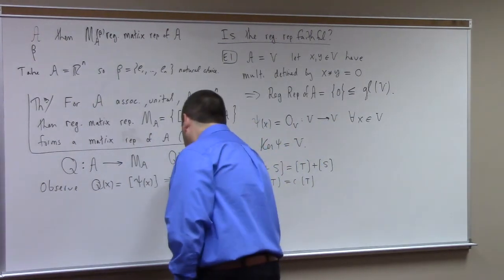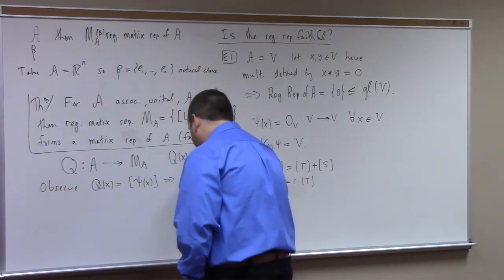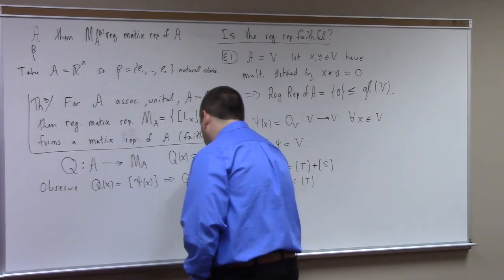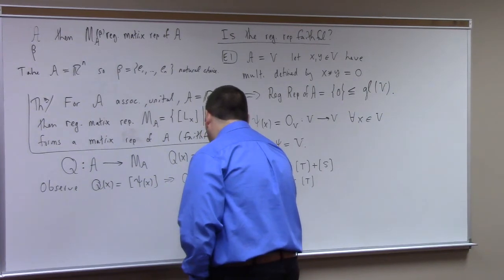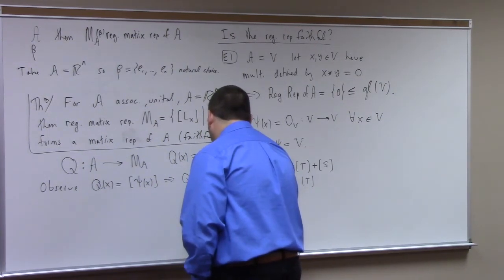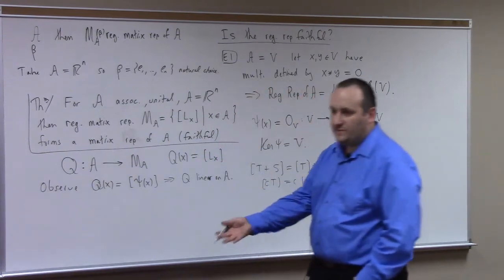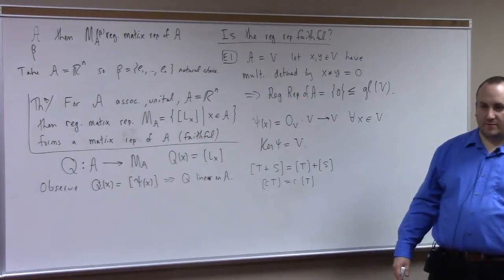So that implies that Q is linear on A. And so the more interesting thing is the homomorphism property, right?